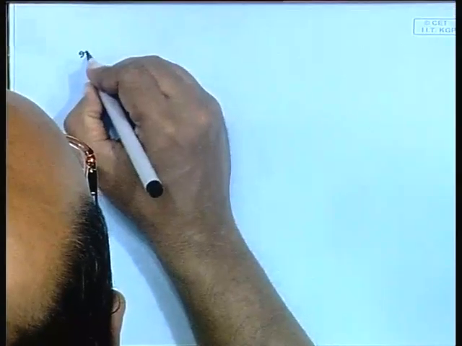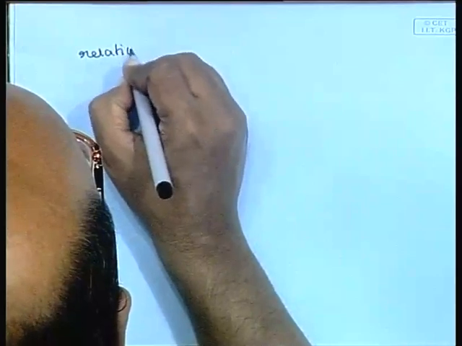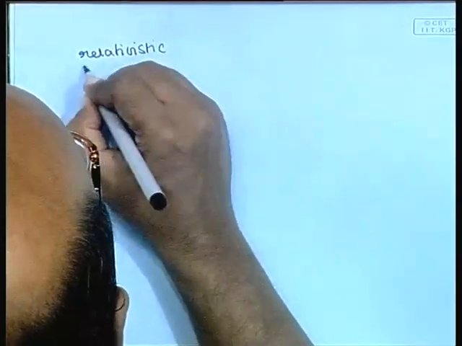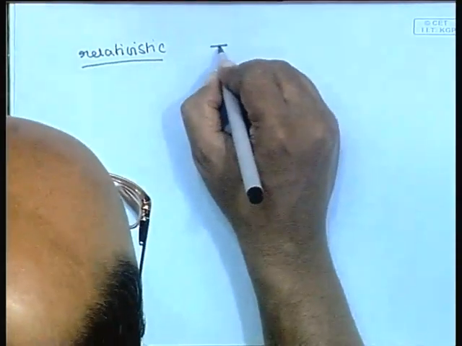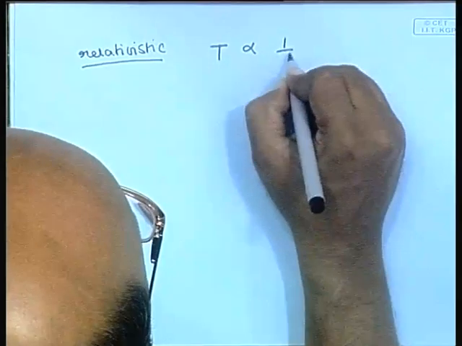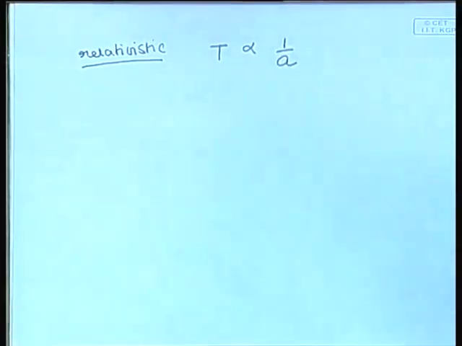So, let me summarize what we have learned here. For the relativistic particles, the temperature scales as 1 by the scale factor.